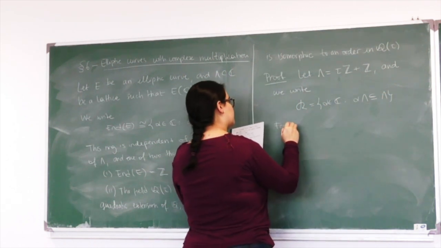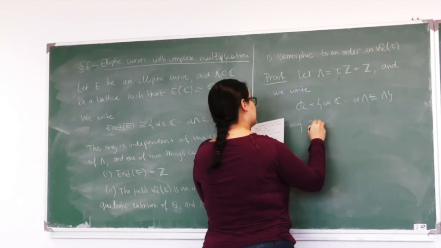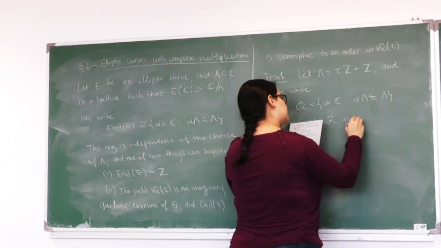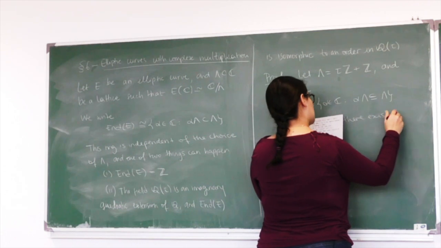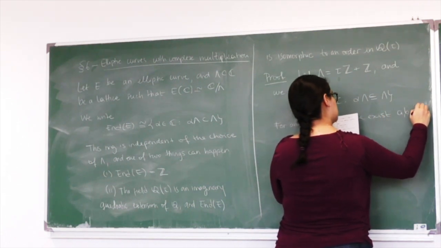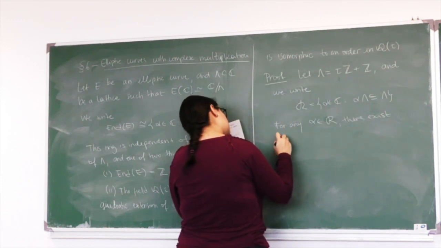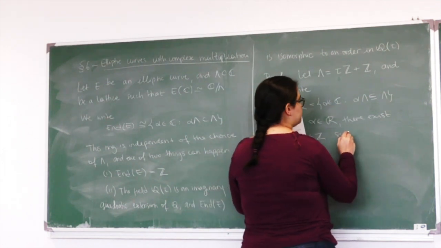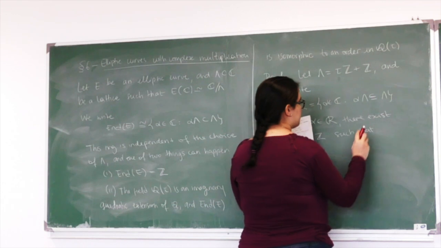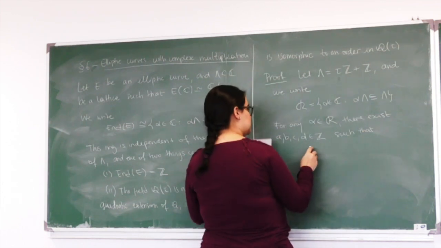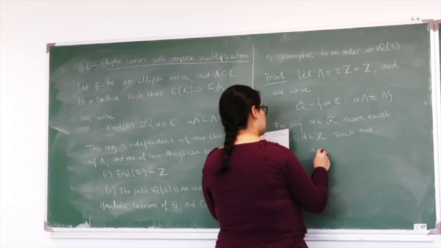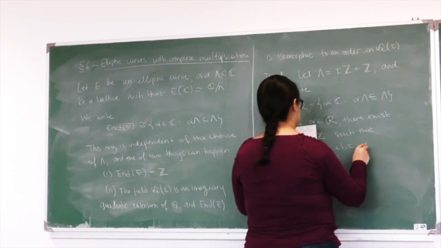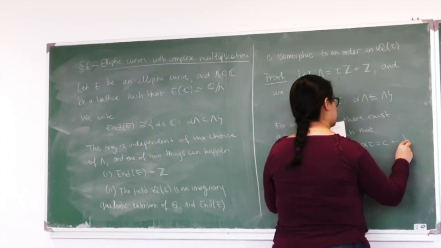So for any alpha in R, there exist a, b, c, d in the integers such that we can write alpha as a plus b tau, and then alpha tau is c plus d tau.